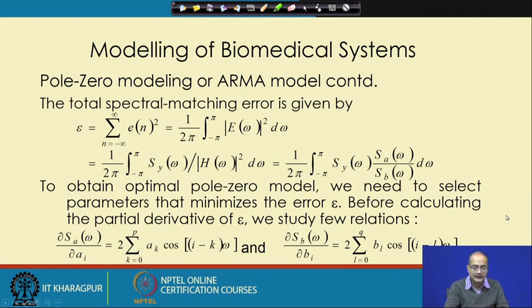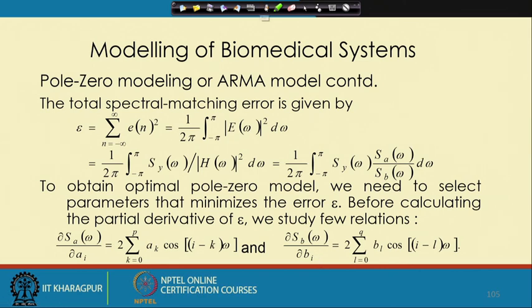If we take the partial derivative of the spectrum of the filter A z, that is S A omega at mod z equal to 1, we get it in terms of the autoregression coefficients a_k and some cosine term.